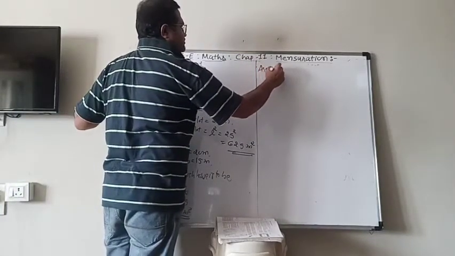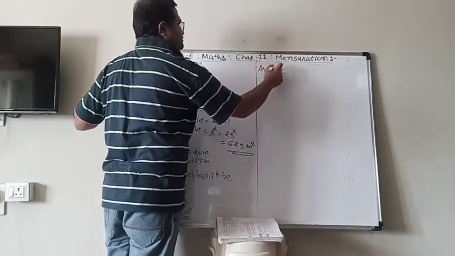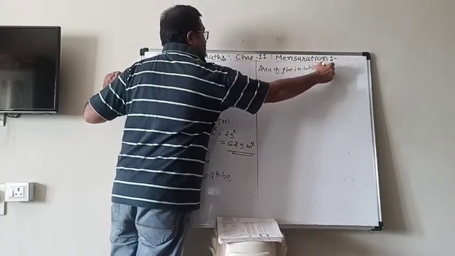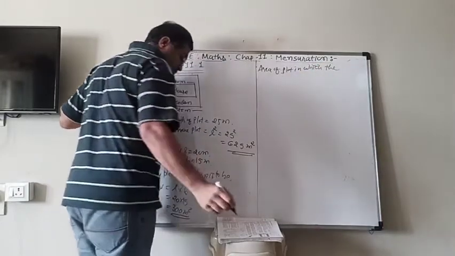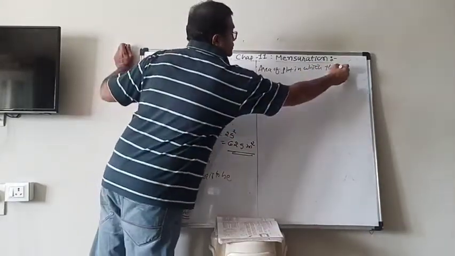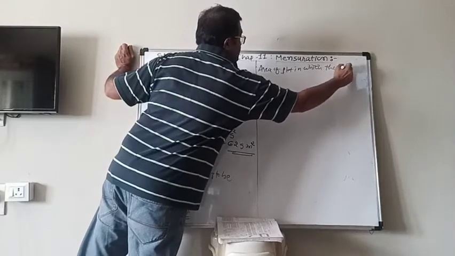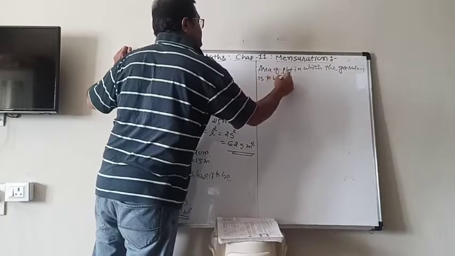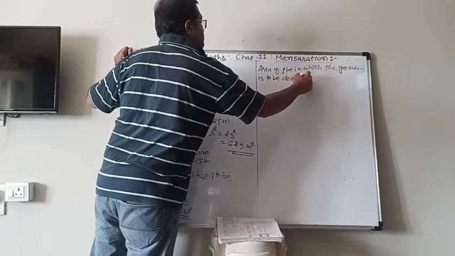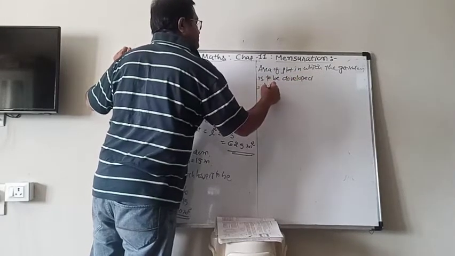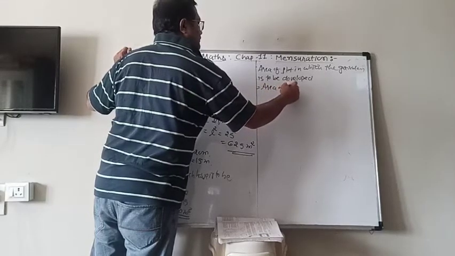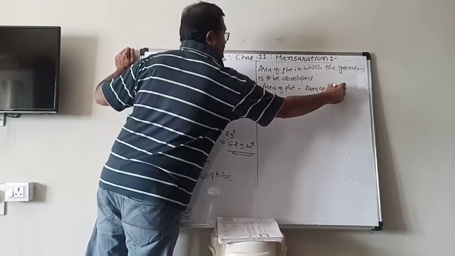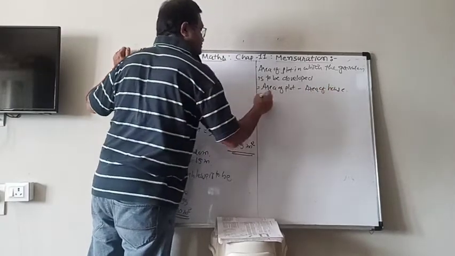So the area of the plot in which the garden is to be developed is equal to the area of the plot minus the area of the house.